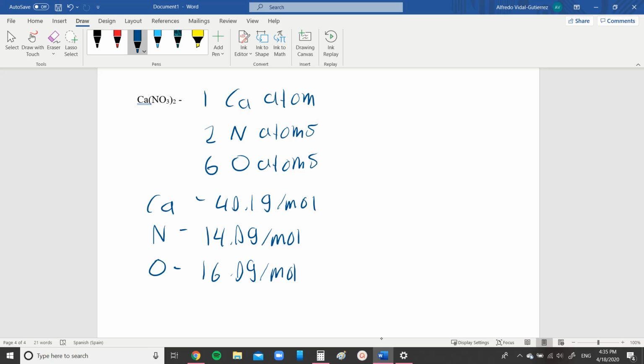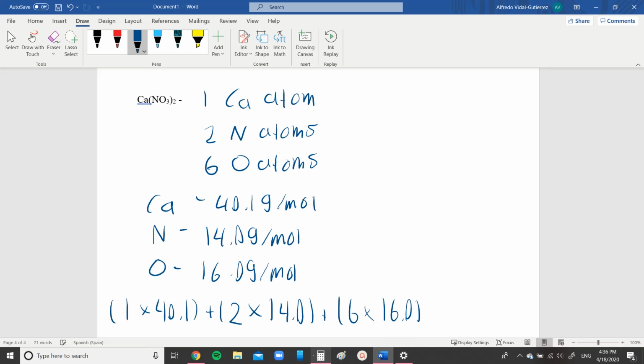So let's do calcium first. So it'd be 1 times calcium's molar mass, which is 40.1, plus nitrogen is up next. So you have 2 of those atoms. So you'll multiply that by its molar mass, which is 14.0, and then plus oxygen. So you have 6 oxygen atoms times its molar mass, which is 16.0.